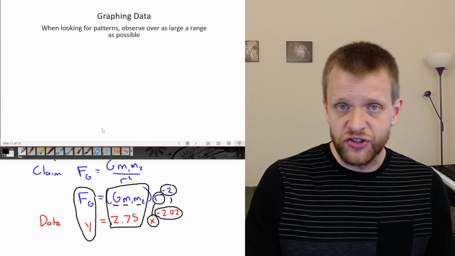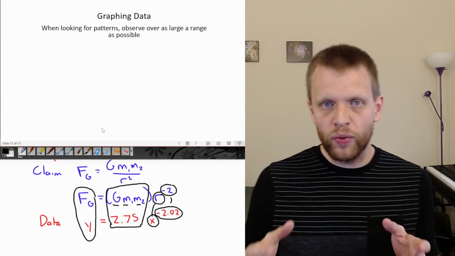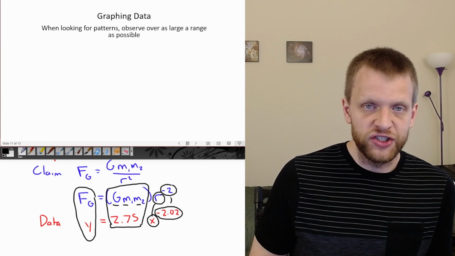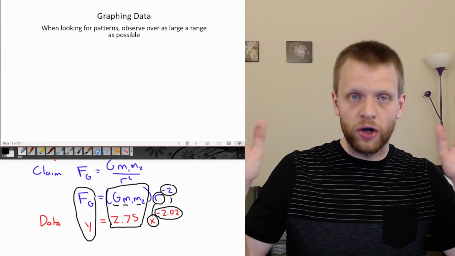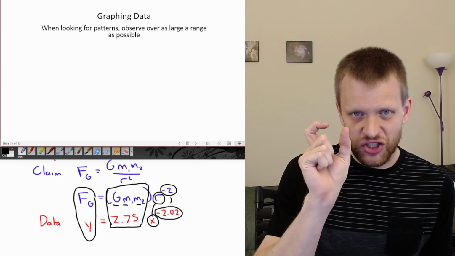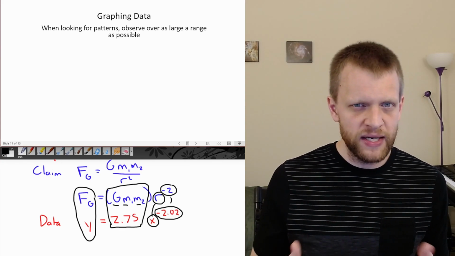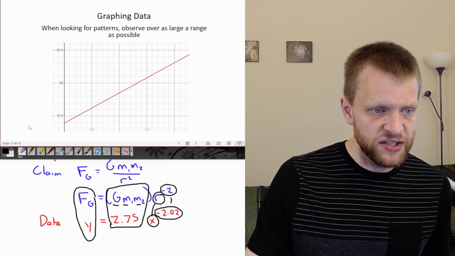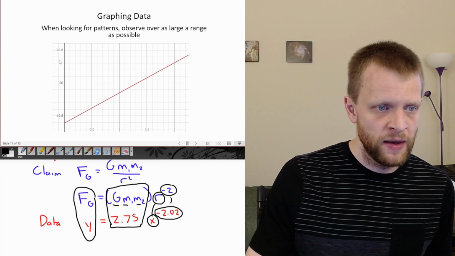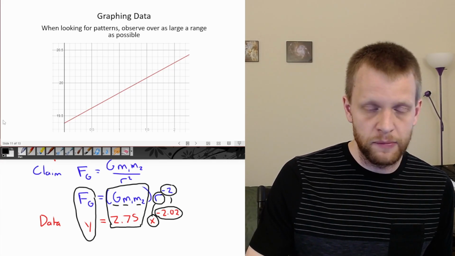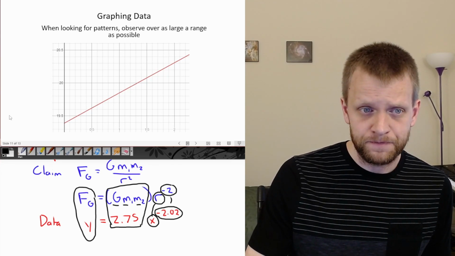One more thing that I want to mention is that when we're doing our experiments and taking this data, we generally want to look over as large a range of data as possible. Because sometimes if I'm only looking at a small section of data, we might misinterpret what patterns are actually there. So for example, let's say I took some data and graphed my x variable and my y variable, and I got something that looks like this.